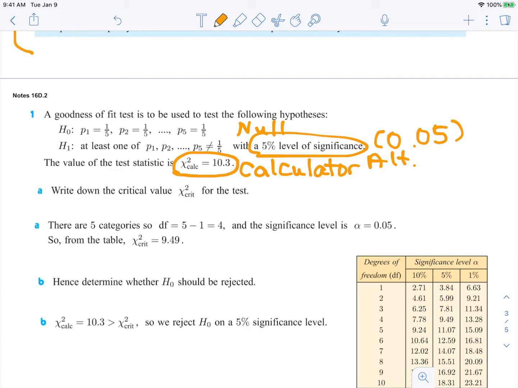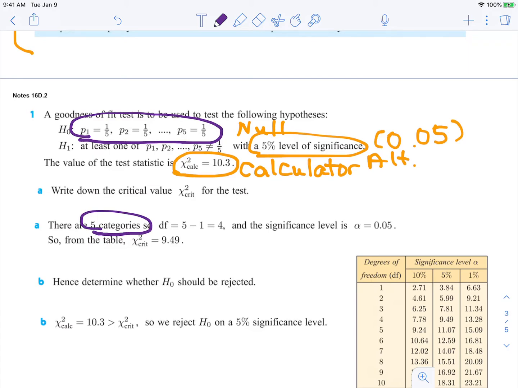Part A, write down the critical value for the test. So how do we figure this out? There were 5 probabilities, so that means there were 5 categories.